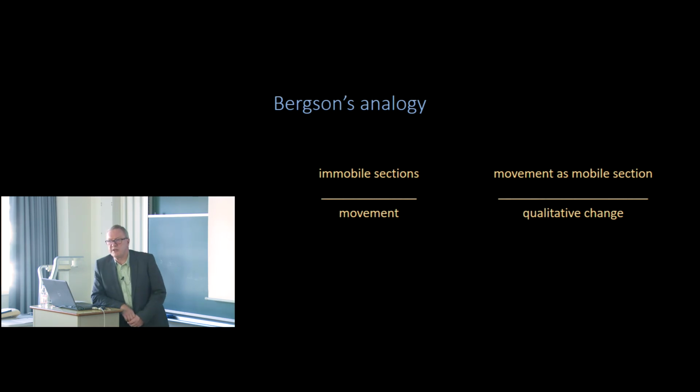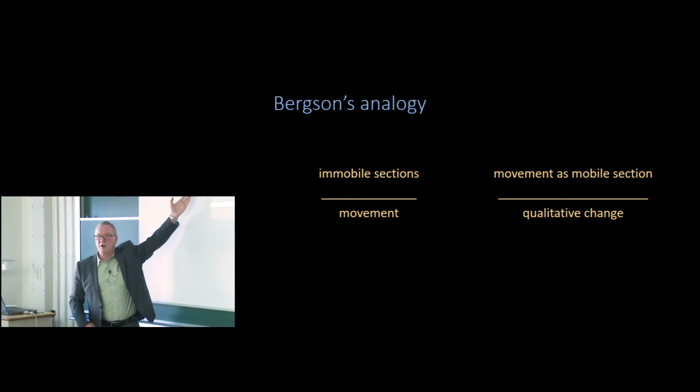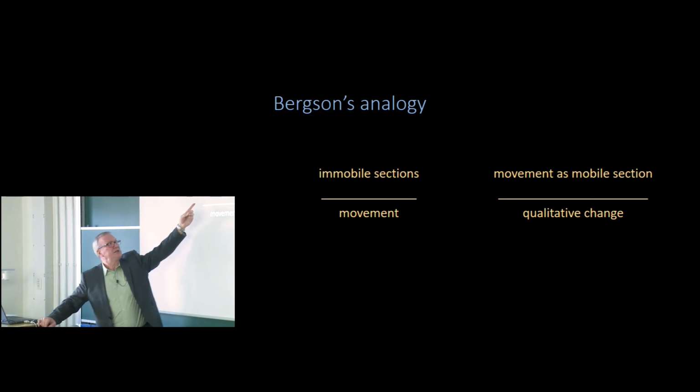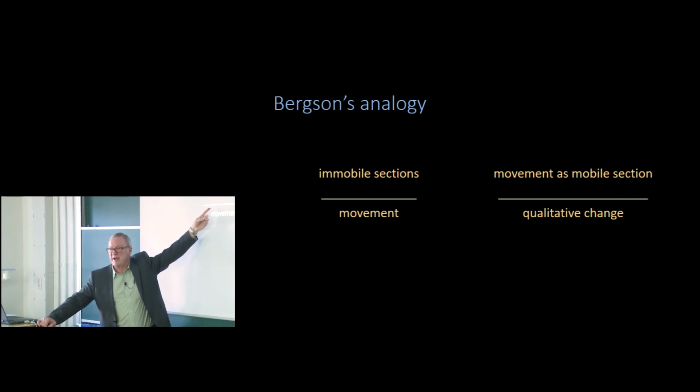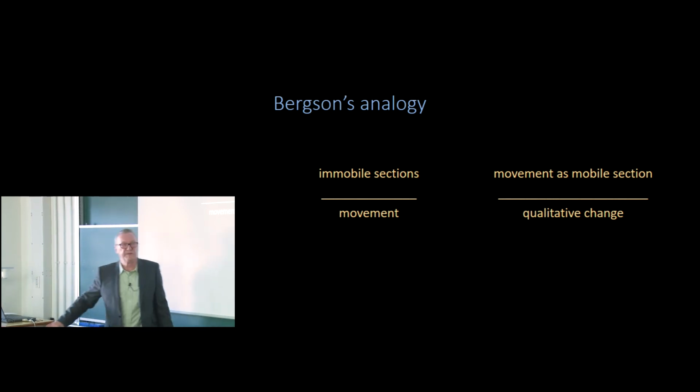Well, if you looked at the piece, you found somewhere in the middle of it a very complicated kind of formula that Bergson provides. And it goes something like this. One way we can conceive of what's happening in film and what's happening in reality is that we've got immobile sections, atoms of experience, Lego blocks, okay? And those are put together in various kinds of relations.